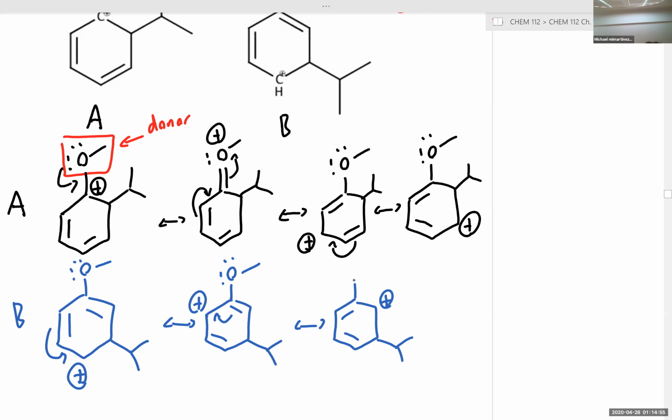Now, of course, presuming these resonance structures are equal contributors, which it's reasonable to say they're reasonably equal contributors, which carbocation is more stabilized and more delocalized via resonance, A or B? A, exactly right.